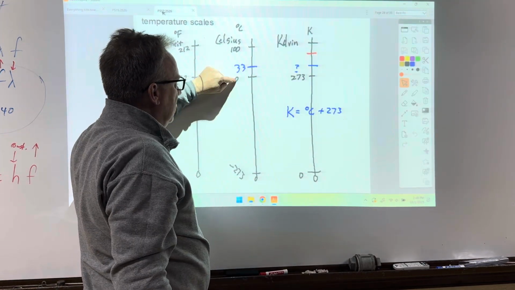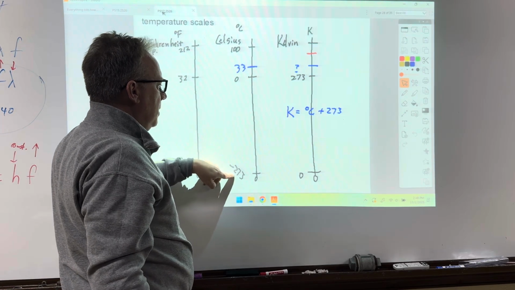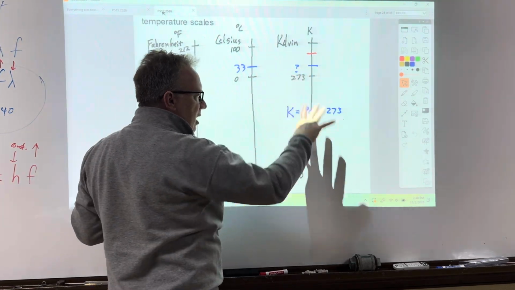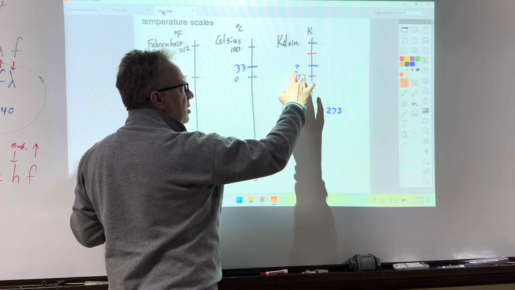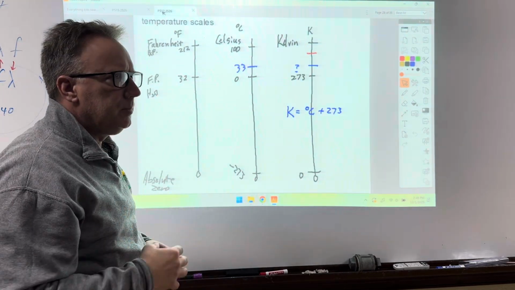So when you went from zero down to negative 273, and you've got the same degree sizes as you go up, you're going to get to 273 here, and then 373 when you get to boiling.